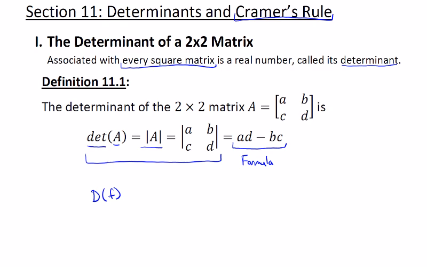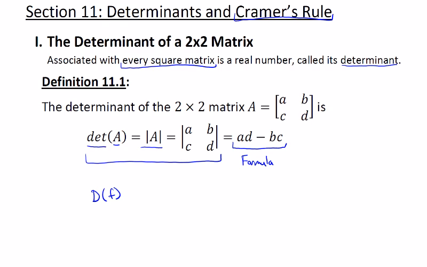What it means is determinant of, and whatever's in between the bars is what you're taking the determinant of. So it means determinant of matrix A. So you have to be careful about context in terms of whether to interpret this as an absolute value or as a determinant of something.